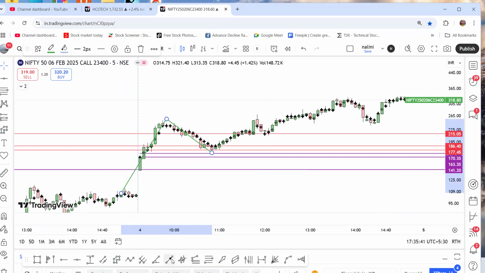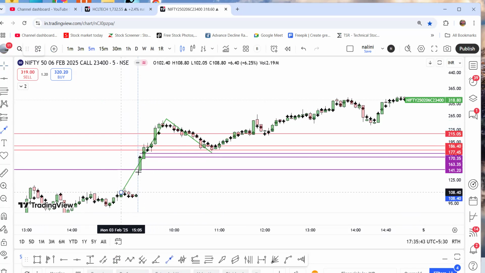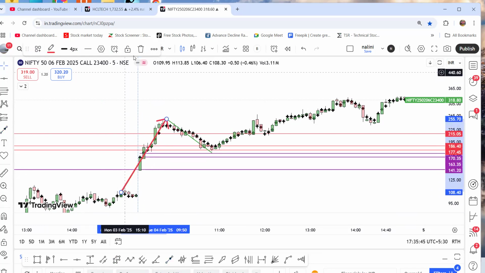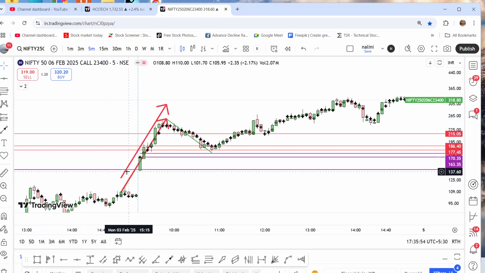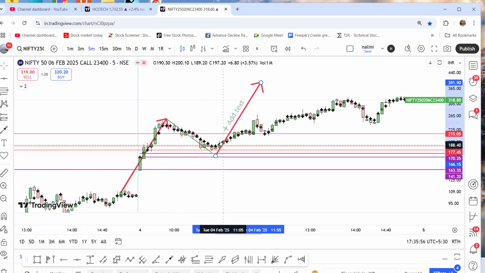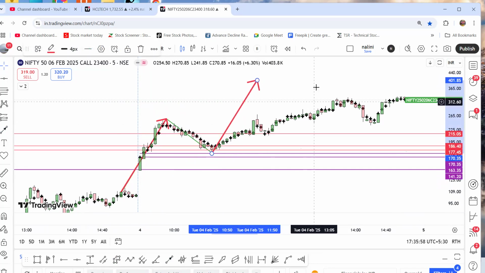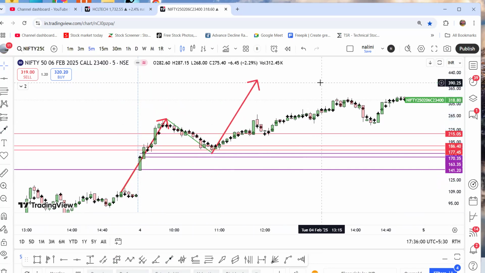If you measure from here to here, I'm going to clone this, pick it up and place it on this. This will be my target.